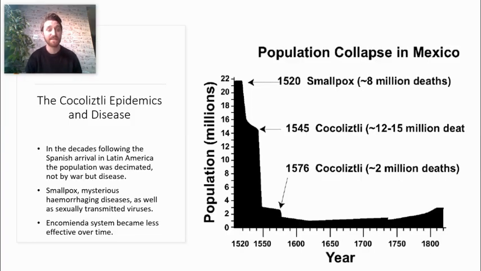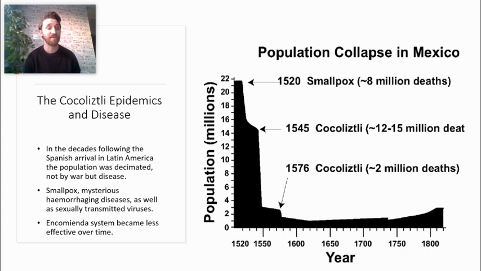Europeans transmit diseases in Mexico specifically and most notably, but also in South America, in Brazil, Argentina, Bolivia, and Peru. And the disease that Europeans bring to Central and South America decimates the population.